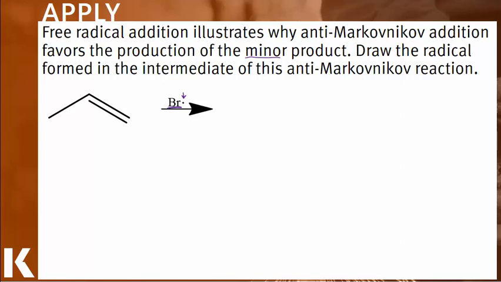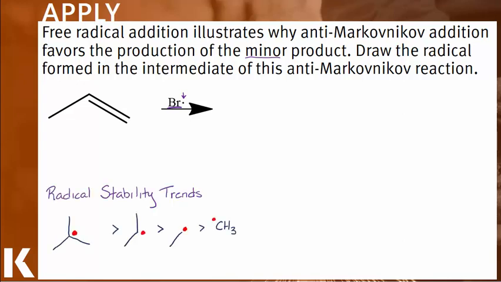If you aren't familiar with radical stability, the really awesome thing about it is it follows the same trends as we see with carbocations, where the more substituted radical is more stable and the less substituted radical is not so stable.